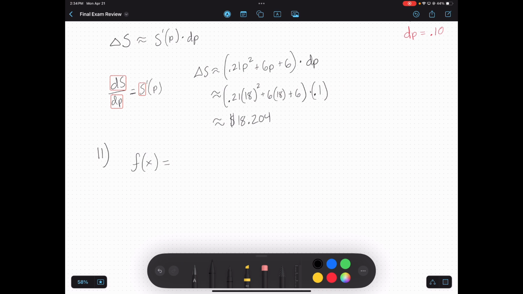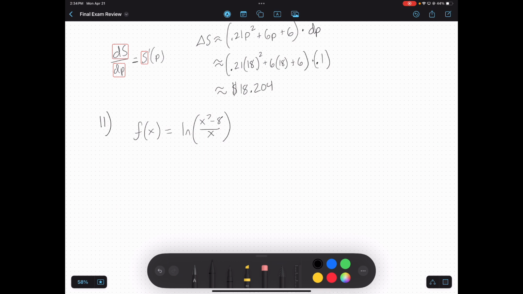Consider the function f of x equals natural log of x to the 7th minus 8 over x. And let's find f prime of x. Okay, so we get away from the more complex applied problems, and now we just have a nice little simple, hey, let's find the derivative of this.